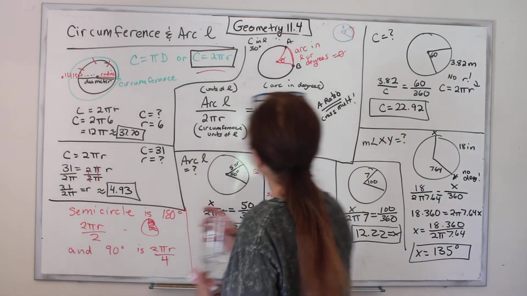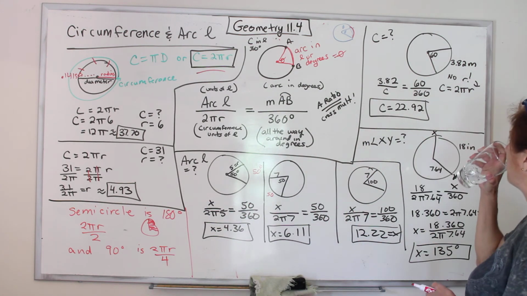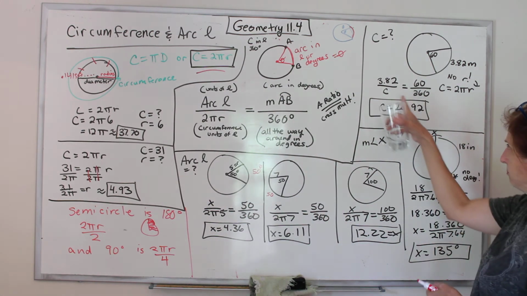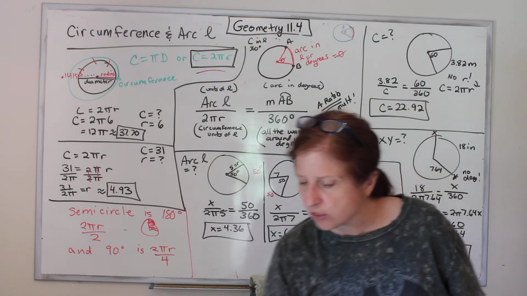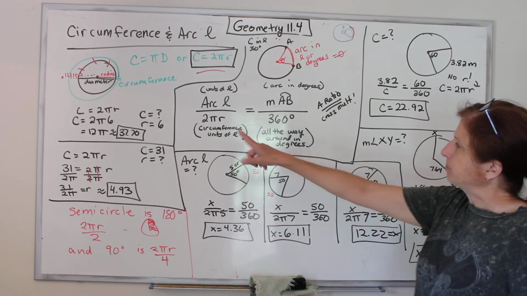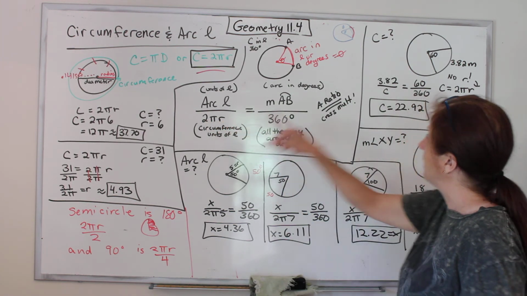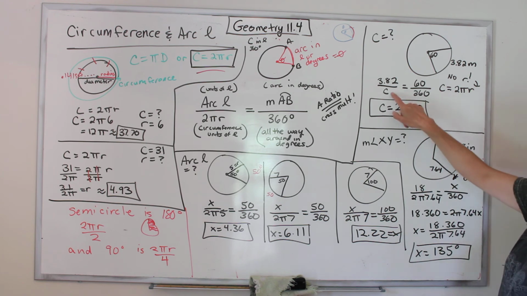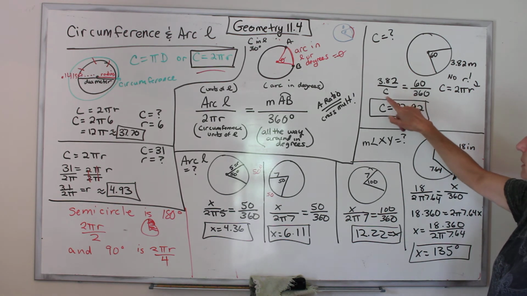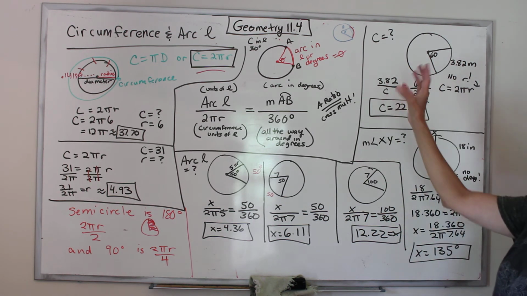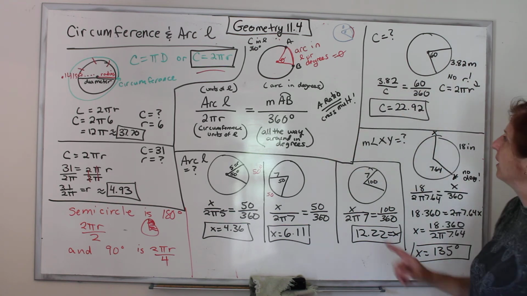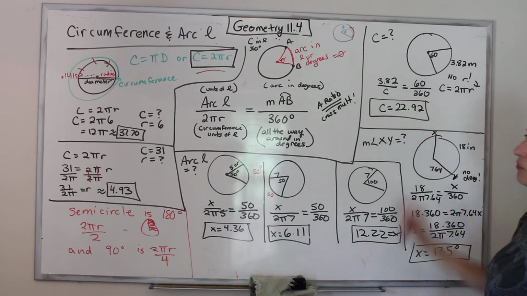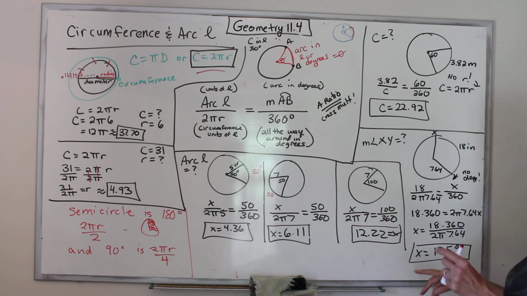So we can solve for it by putting c there for circumference, because notice that 2 pi r is circumference, so that's our unknown. We don't have to solve for the radius and then get it, we can just solve for it. So cross multiply, solve for x. I love cross multiply, solve for x.